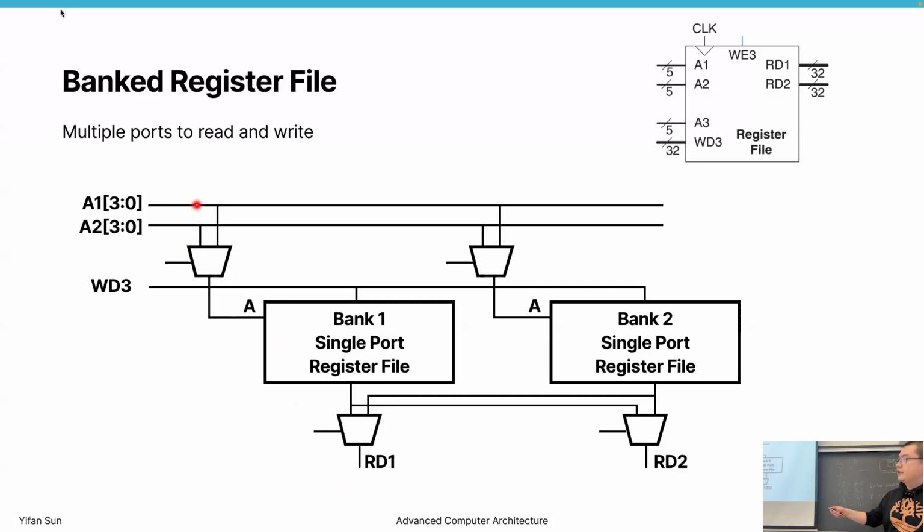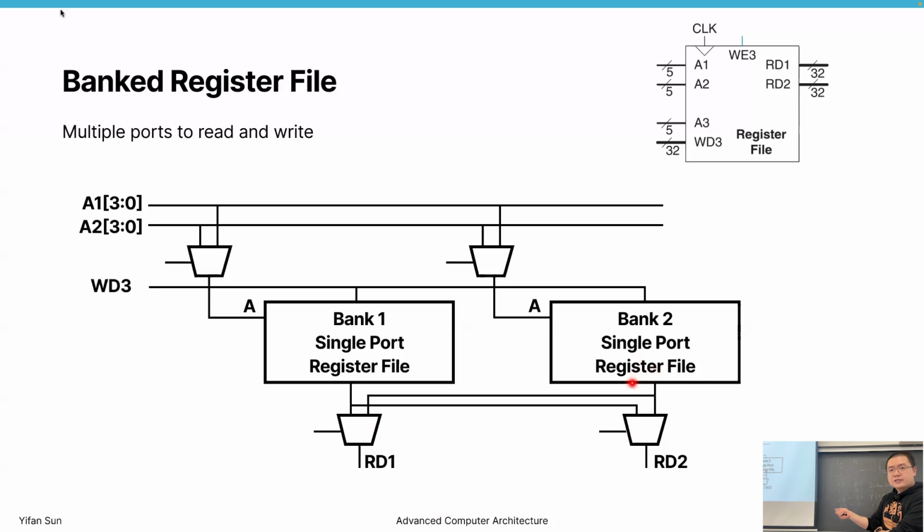Like we can have this A1 to read R0 and A2 to read R1, and they can output in the same cycle. But if we write something like, say, R1 equals R3 plus R5, okay? If we have R3 plus R5, because R3 and R5 are actually coming from one bank, right? They come from this bank.